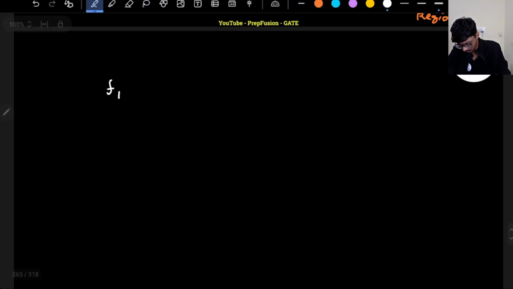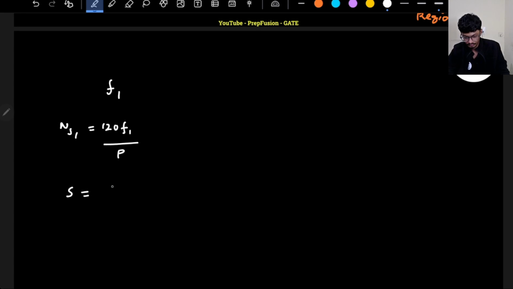So my synchronous speed will be ns1, that is 120 f1 divided by p. What will be the slip in this case? Slip will be ns1 minus nr1 divided by ns1, right? So this is the slip s1.